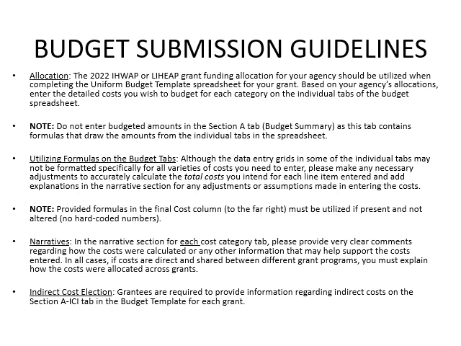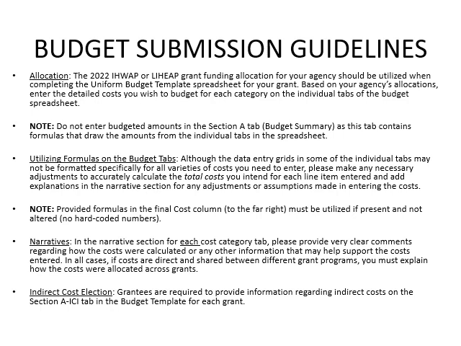Although the data entry grids and some of the individual tabs may not be formatted specifically for all varieties of costs you need to enter, please make any necessary adjustments to accurately calculate the total cost you intend for each line item entered, and add a very clear explanation in the narrative section for any adjustments or assumptions made in entering the costs.